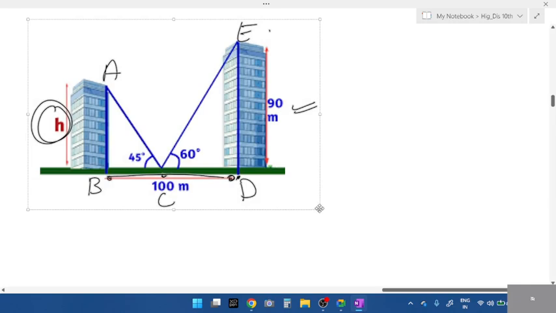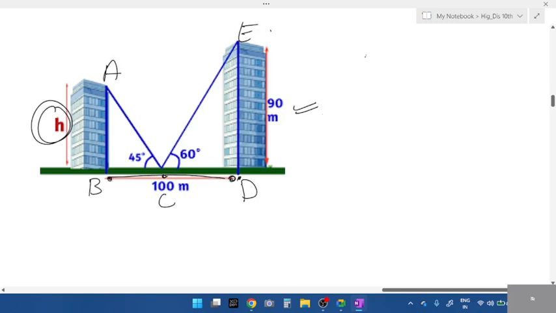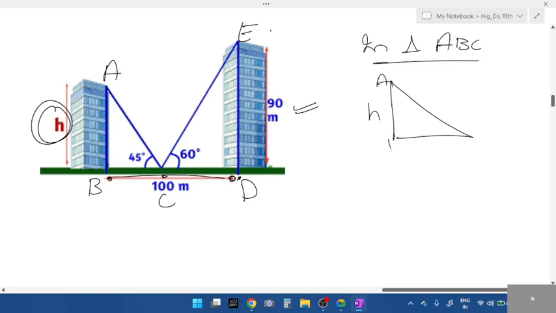Look at this. What are the two triangles? Name the two triangles, students. You can take anything, ABC or CED. We'll take the smaller triangle. In triangle ABC, angle BAC is 45 degrees given.